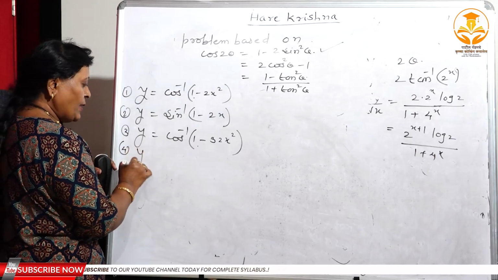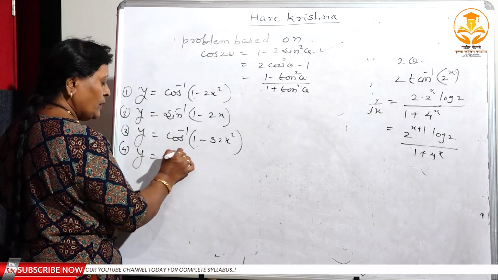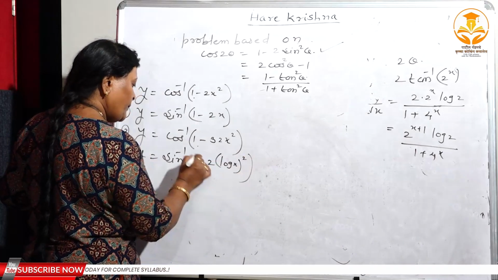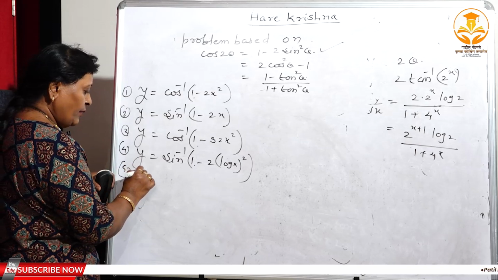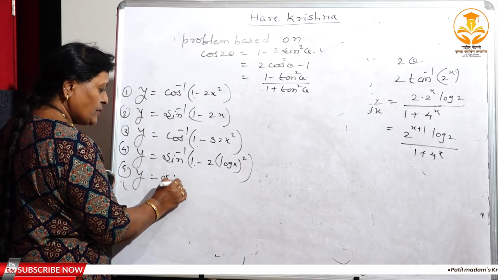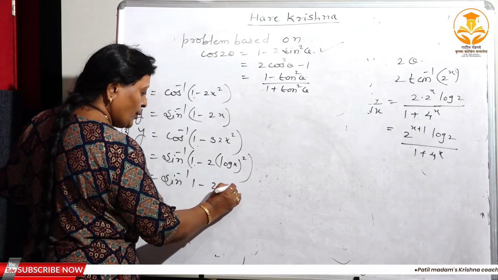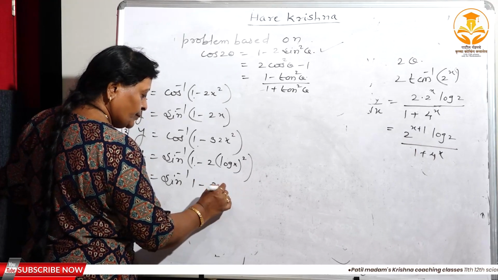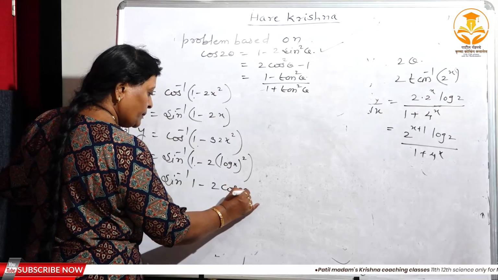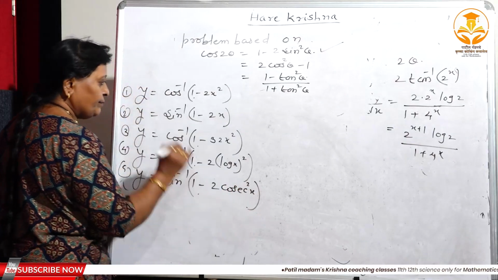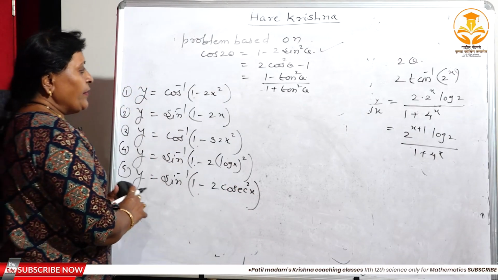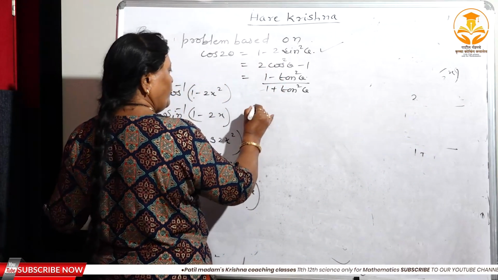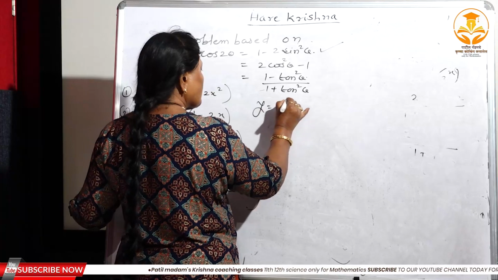Fourth one, y is equal to sin inverse 1 minus 2 log x whole square. And fifth one, y is equal to sin inverse 1 minus 2 cos square x, 1 minus 2 cosec square x, right?